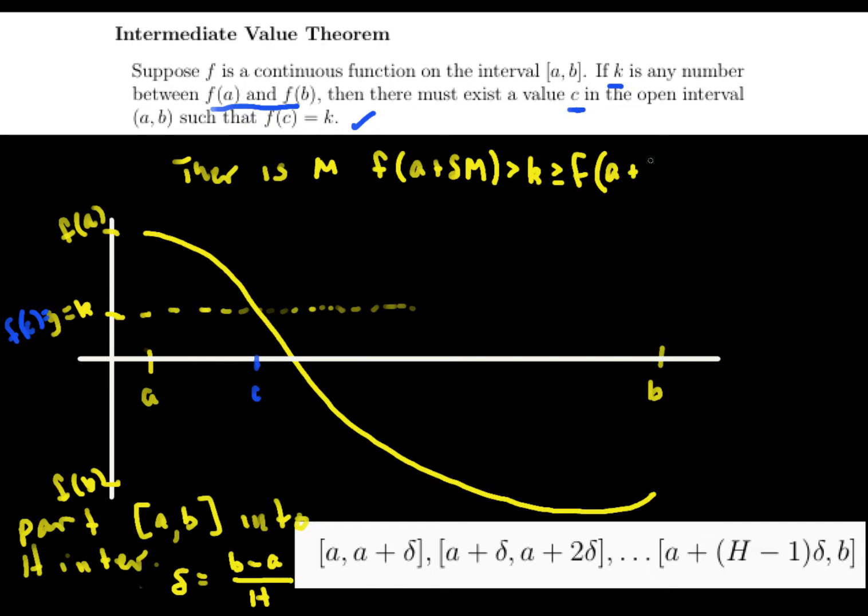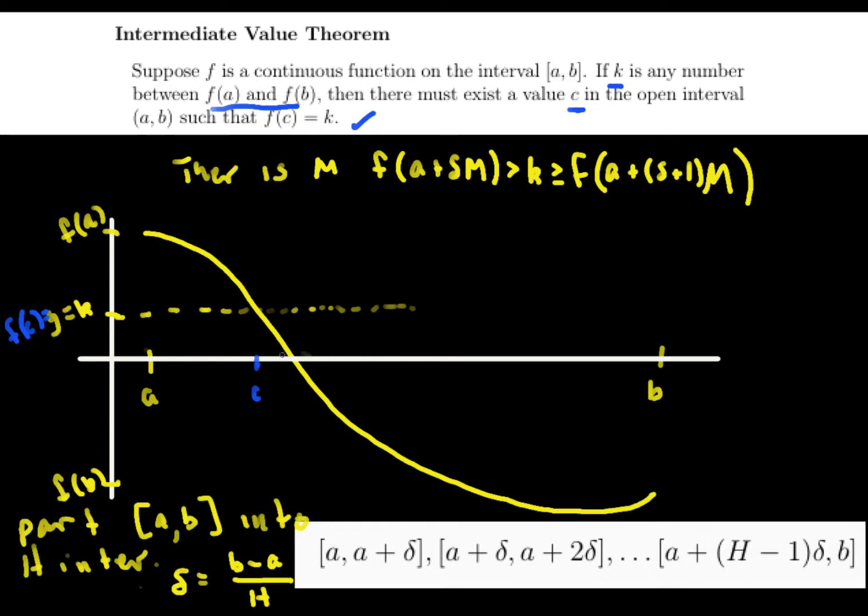So the right endpoint would be a plus delta times m plus 1. So somewhere there's a place, and let's do our zoom in game.